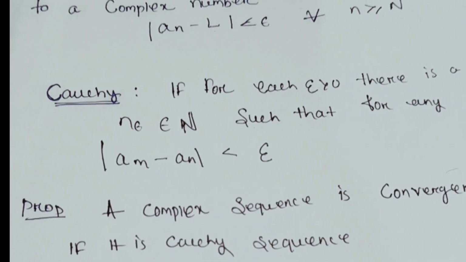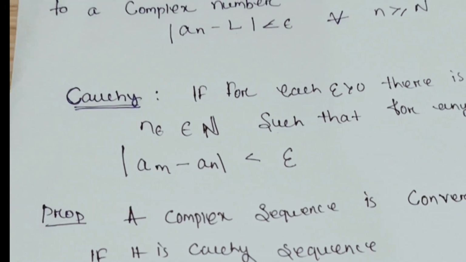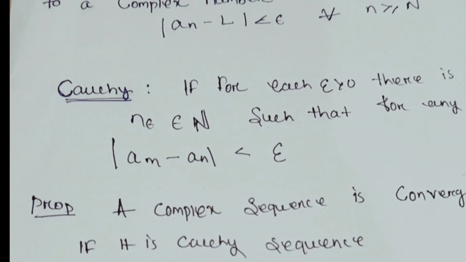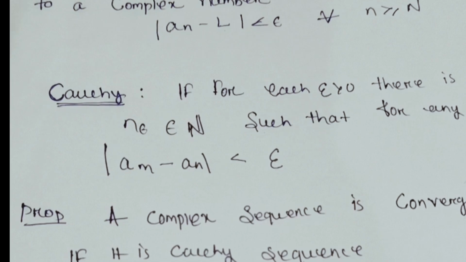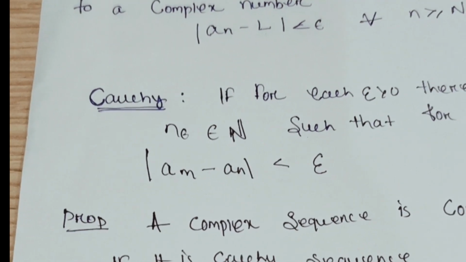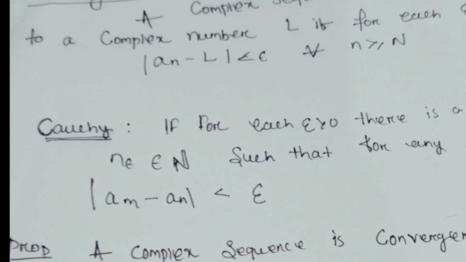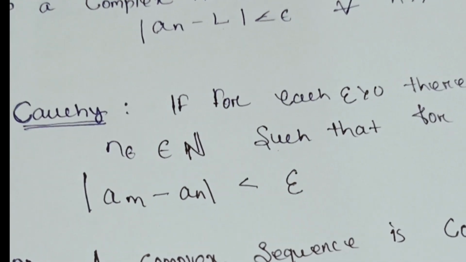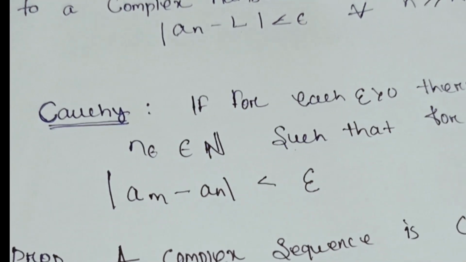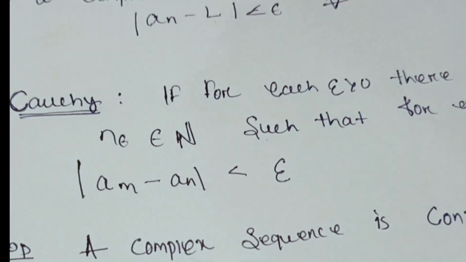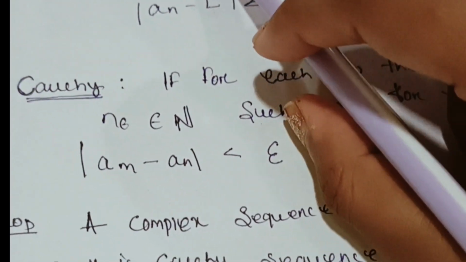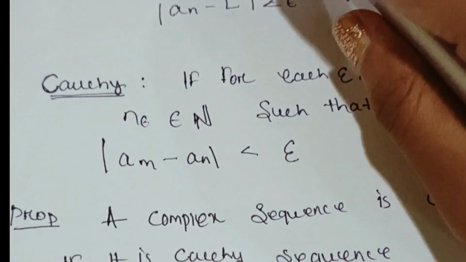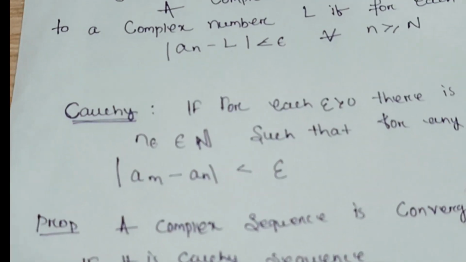That means to each natural number there is assigned a complex number, and f1 is usually called the first term of the sequence. An example of a complex sequence is 1 plus 2i, where 1 is the real part and 2i is the imaginary part, and 2 minus 3i.